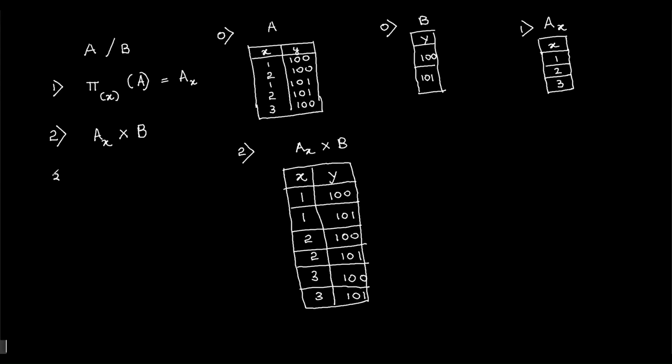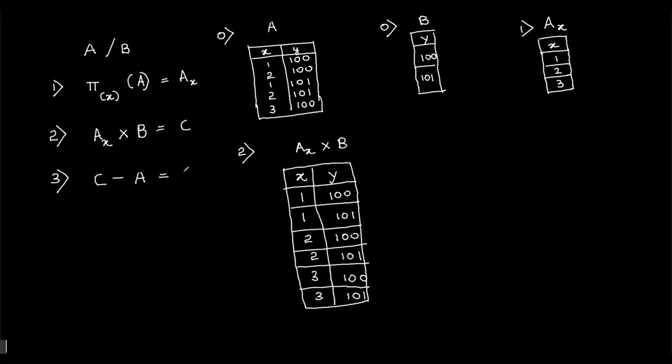The third step: let's say these are all the candidates, call it C. Now we are going to find the missing values in A, so we can say C minus A. This will give us the missing values, or the disqualified tuples.